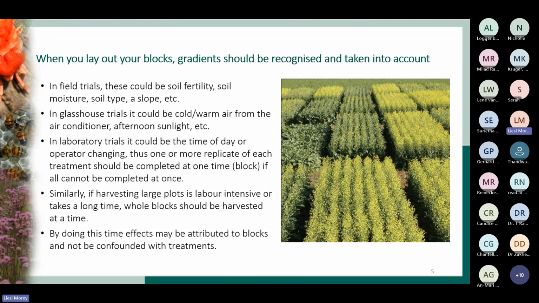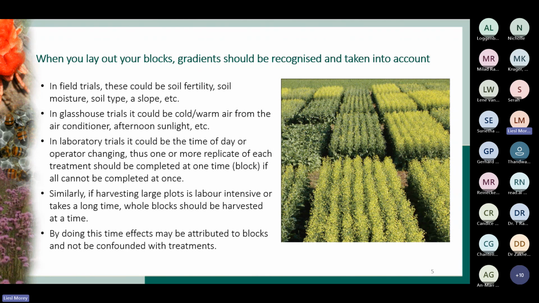You can get shade in the morning or shade in the afternoon. In a laboratory trial, it could be the time of day or the operator changing. You would want one person to do the analysis on a block or a replicate.